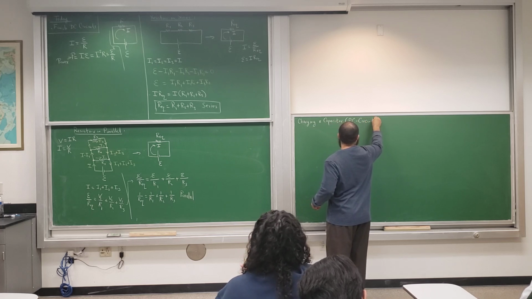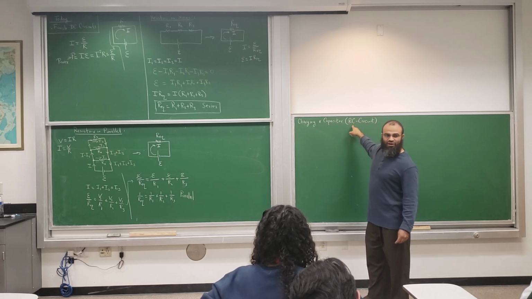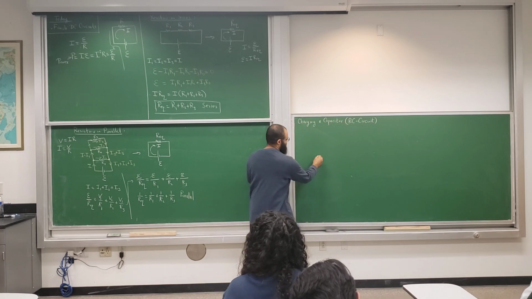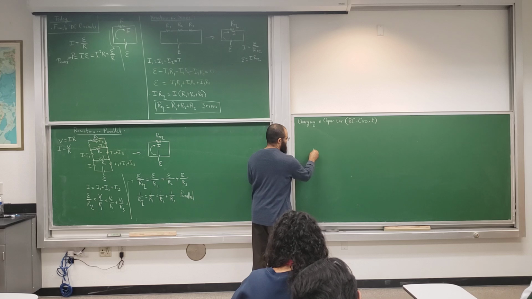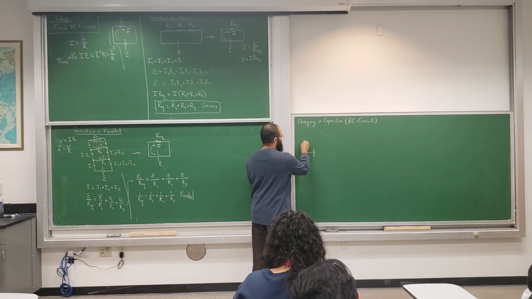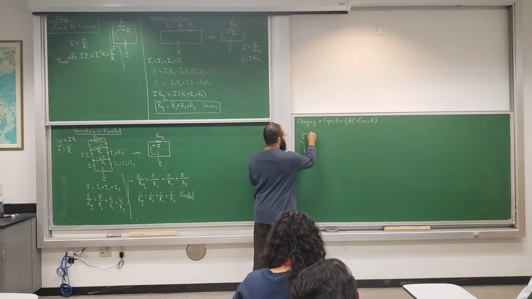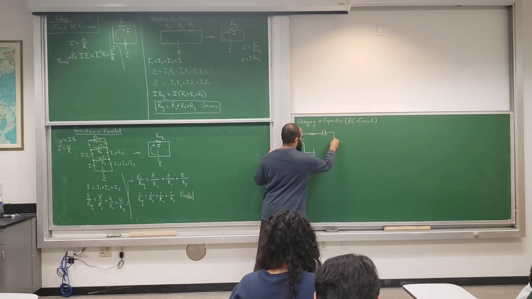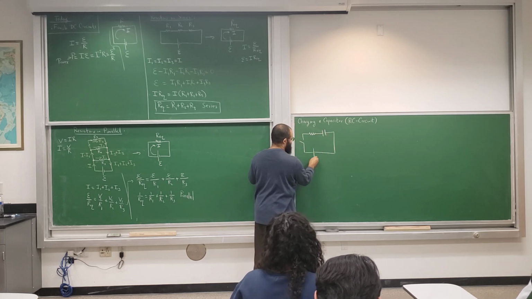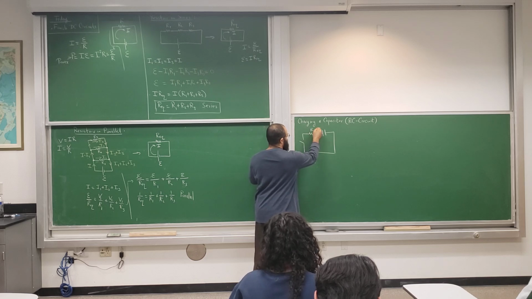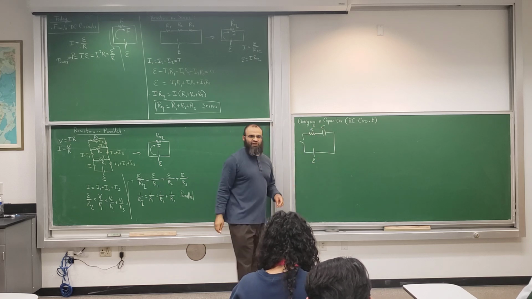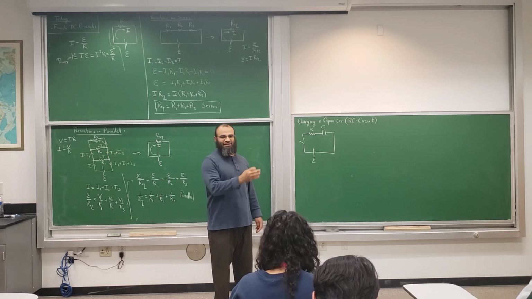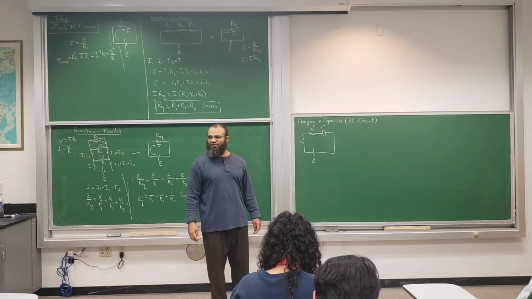The reason it's called RC is because there's an R and there's a C. So here is a battery. Here is a switch. Here is a resistor. Here is a capacitor. And then back to the battery. The capacitor is initially not charged. The capacitor is empty. It doesn't have any charge. It has zero charge, zero energy.